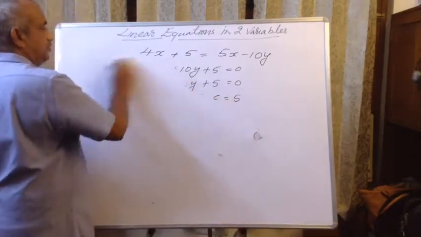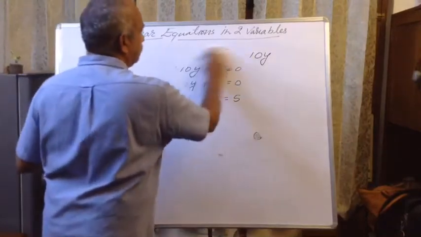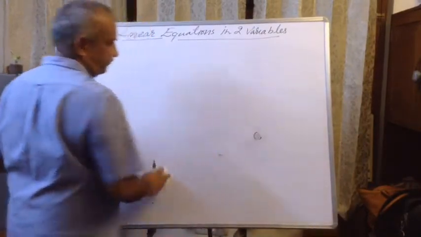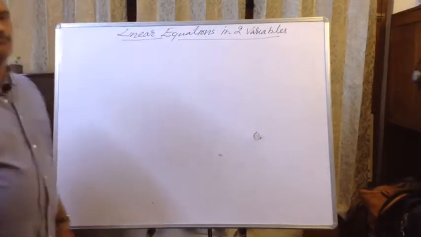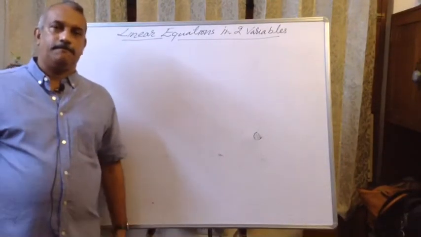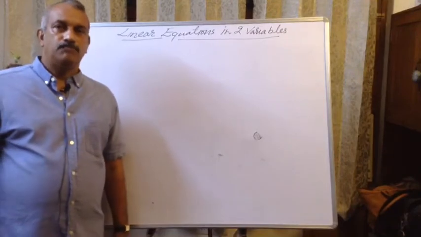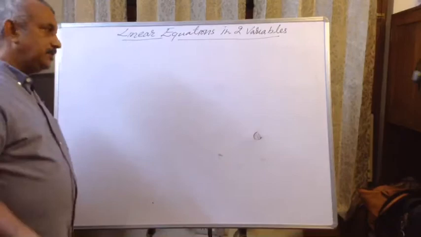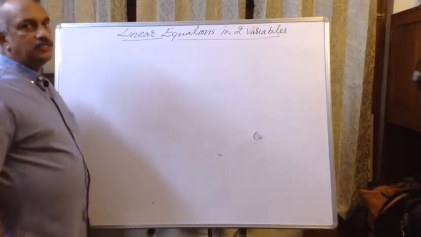Now another question is converting simple statements into linear equations in two variables. Say for example, sum of two numbers is 10. Change it into a linear equation in two variables.